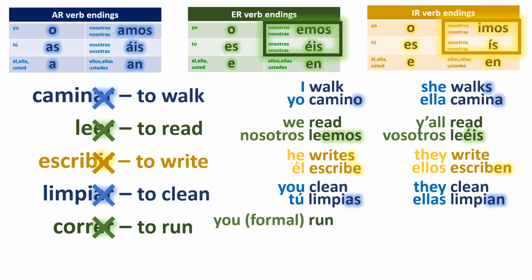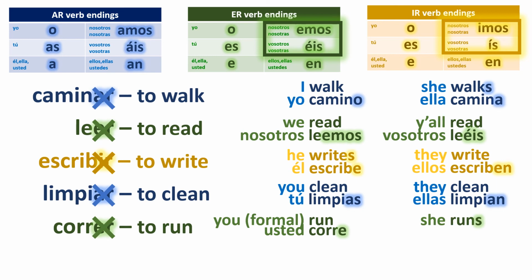Let's conjugate for you in the formal this time. You run. What is the formal singular you in Spanish? Usted. What is the ER verb ending in the present tense for the subject pronoun usted? E. Usted corre.